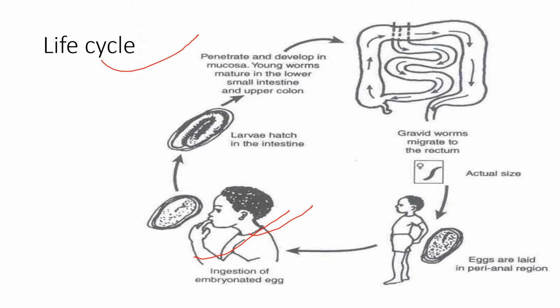The baby touches the fingers contaminated with the egg to the mouth, and it leads to the entry of the larva. So now the larva goes inside the intestine.